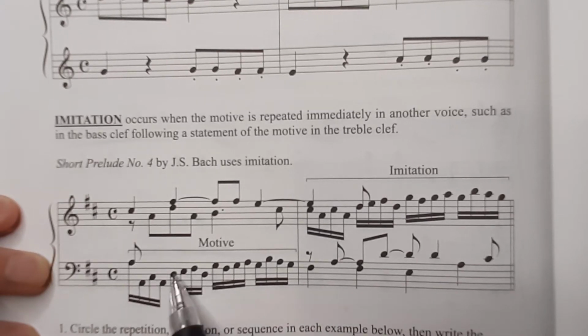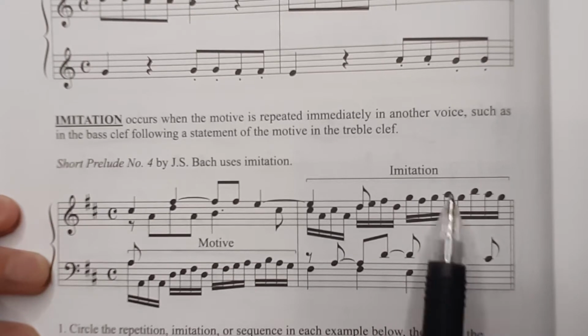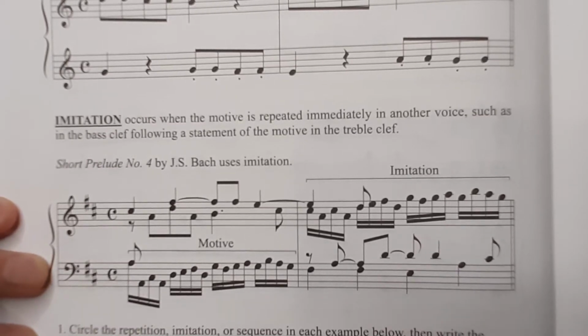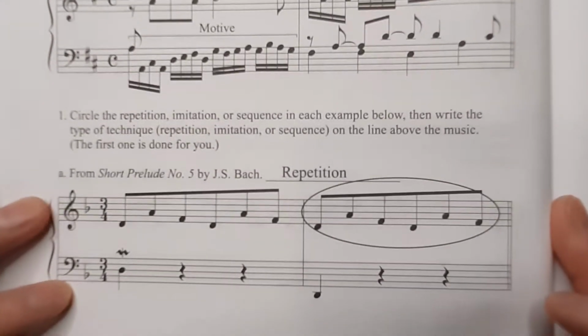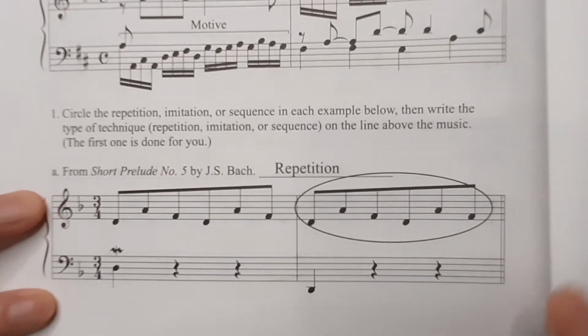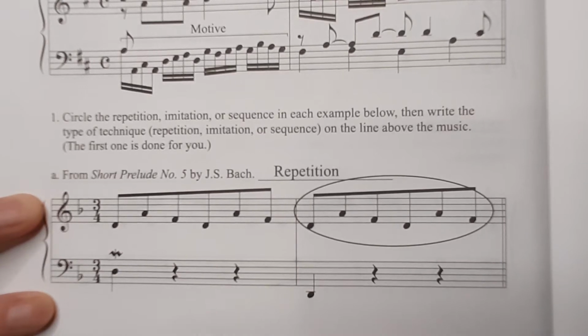A, C sharp, A, D, E, F sharp, D. A, C sharp, A, D, E, F sharp, D. Isn't that exactly the same notes, but an octave higher or even two octaves higher? You call that imitation because it imitated. So this is what we're going to do now: circle the repeated pattern and call it repetition.